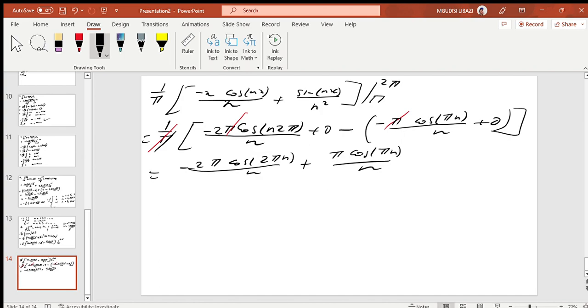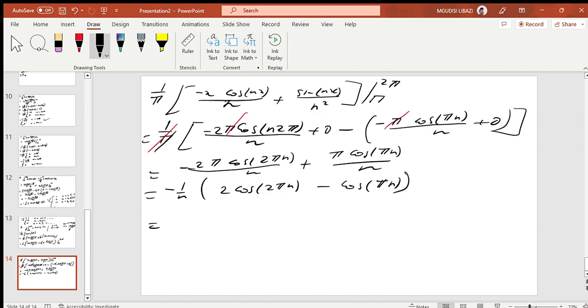So that's the equation that we have. We can now take out negative 1 over n, and then we'll be left with 2 cosine of 2 pi n minus cosine of pi n. So that's what we're left with.